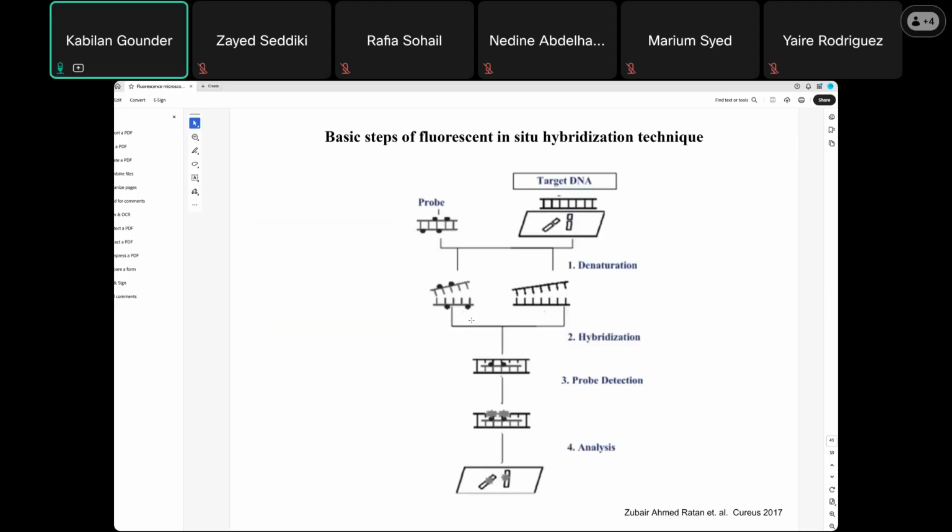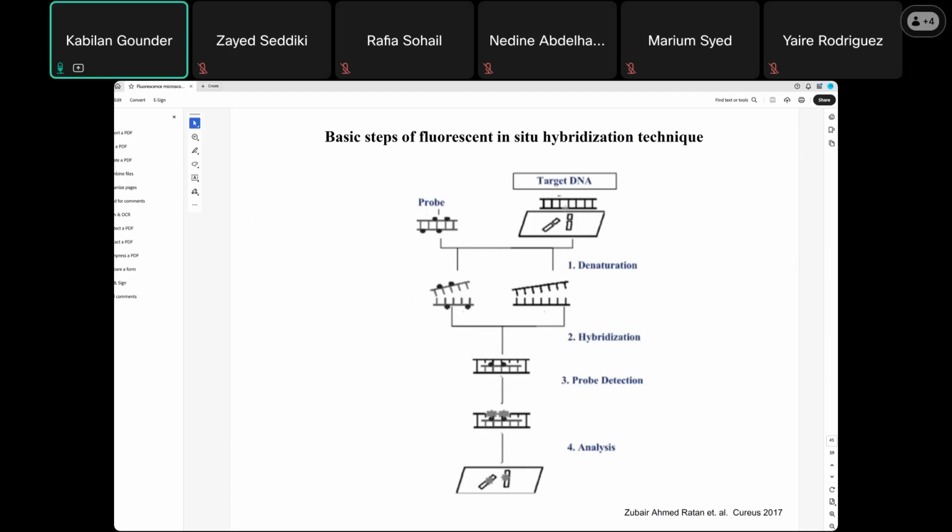How can we prepare for our study? The basic steps of the fluorescent in situ hybridization technique: for the targeted DNA you want to study, you have to have a probe, right? So we want to make a probe. We synthesize fragments that integrate into your targeted DNA. The probe you can synthesize, and then you take the targeted DNA and denature it.